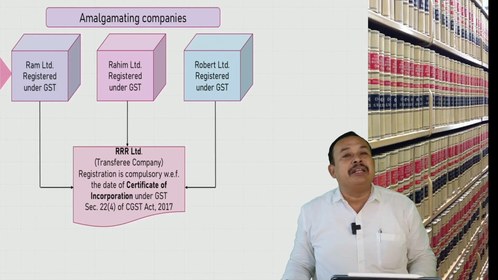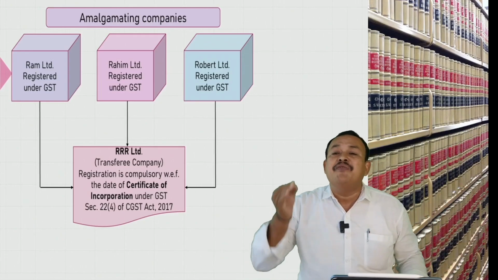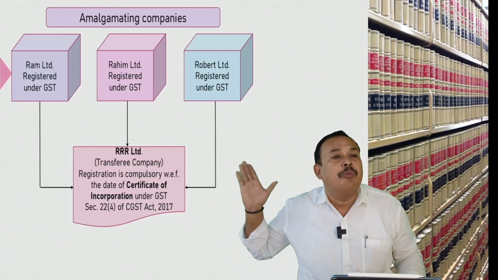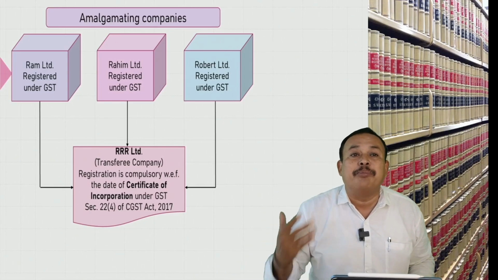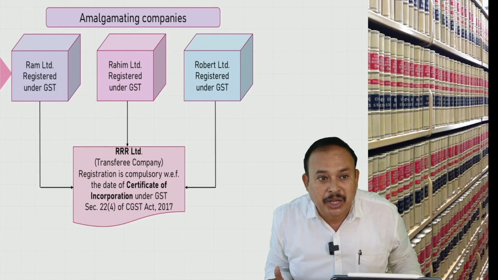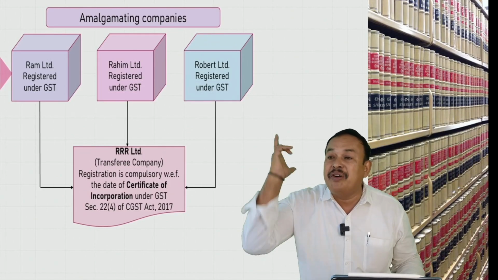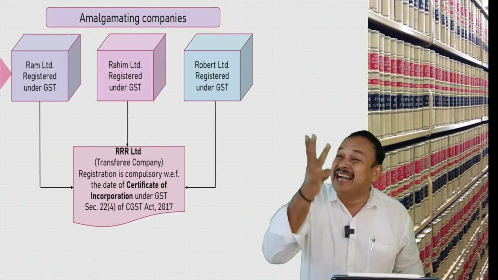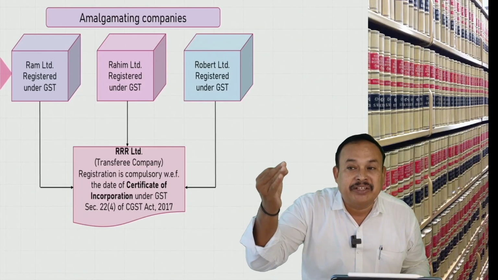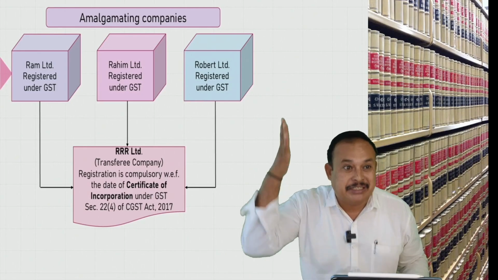For a limited company, the law gives clarification: from the date of incorporation, because you have emerged as an amalgamated company out of the merger of 3 registered companies. For you, registration is compulsory. Go for registration within 30 days from the date of certificate of incorporation.